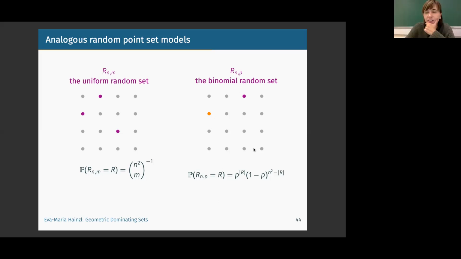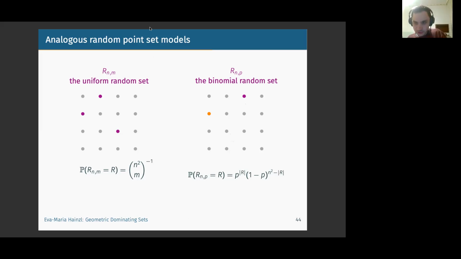And the probability that a binomial random set looks exactly like a fixed set R is just p to the size of R times 1 minus p to the n squared minus size of R.